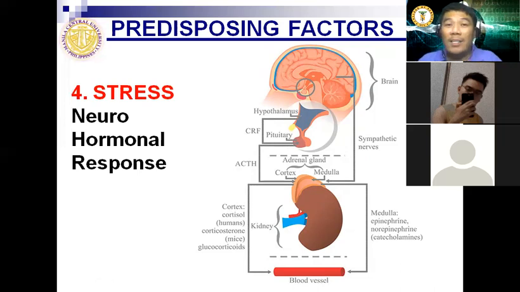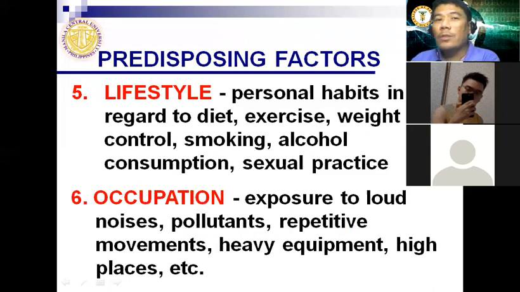So this could answer. And we consider stress as part of the lifestyle, right? Because this could be improved, and stress could happen on a daily basis, but you know how to cope with it. So next, predisposing factors is lifestyle. Okay, lifestyle can be considered as predisposing factors, at the same time lifestyle as a risk factor as well.